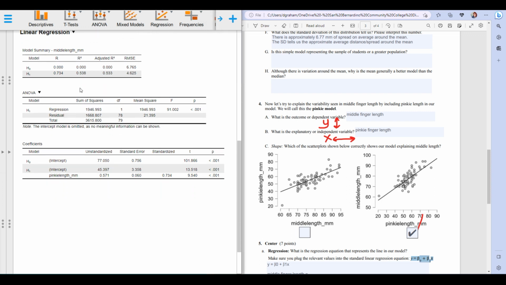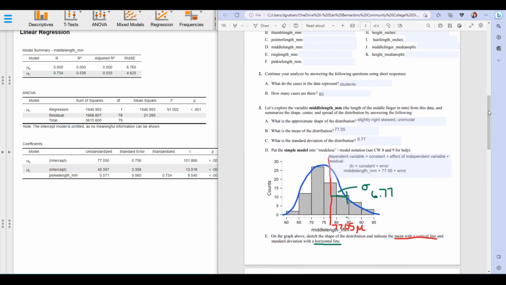So what we see here is we actually see two different models represented. This H sub 0 that we see here under model and down here under model, this actually represents the case where we don't have an independent variable included in our model. So this really represents what we've just done up above, right?